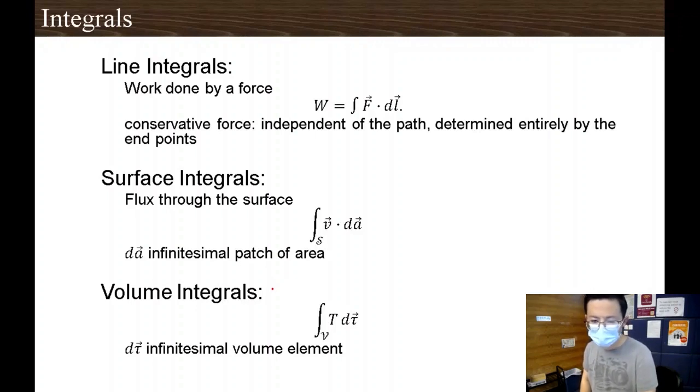So instead of a line element, now you replace the line element with a surface, and then you can find out the flux through the surface, and also you can replace the area element by a volume element, and if you do integration over a scalar, that gives you the volume integral of a scalar.